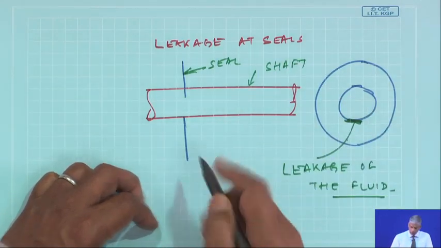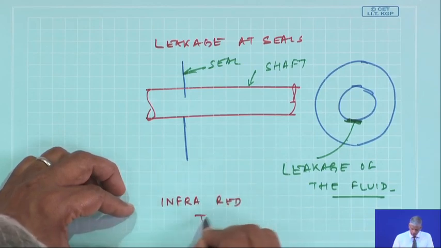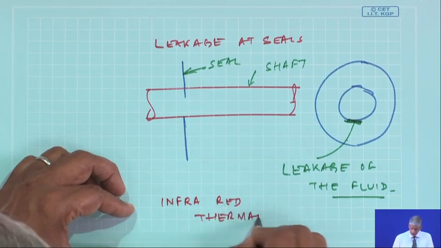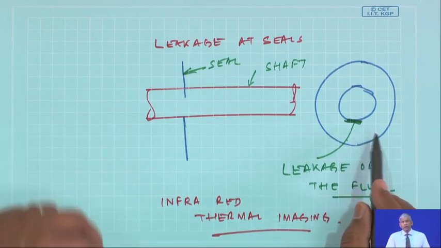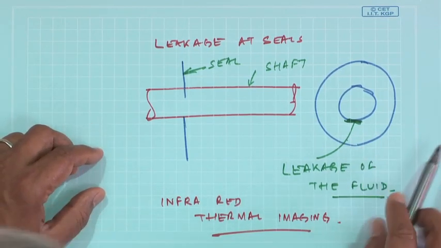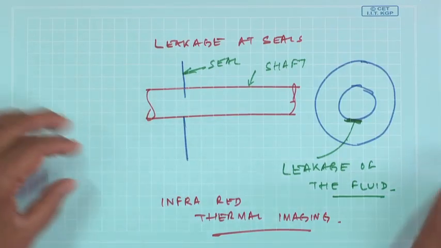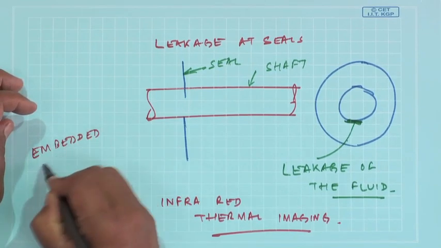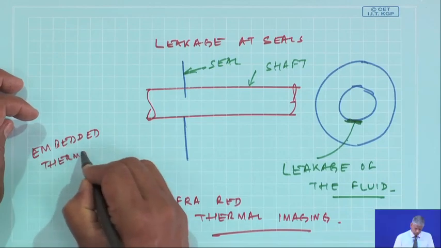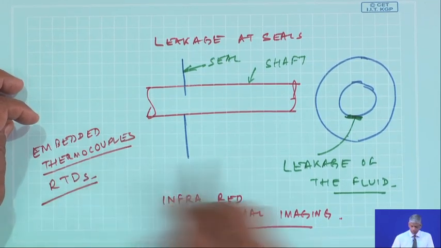So, through a technique called infrared thermal imaging, which I am going to discuss next week, you can see that such leaks in the system can be detected. Of course, we know about unbalanced rubs, and of course, bearing temperature, again either you can use infrared thermal imaging or you can use embedded thermocouples, RTDs, etc. could be used.